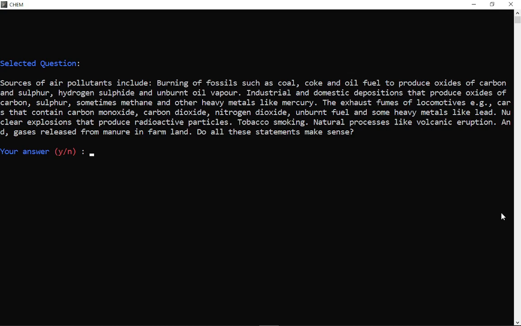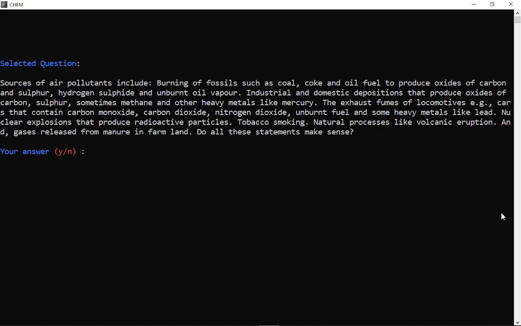Industrial and domestic depositions that produce oxides of carbon, sulfur, sometimes methane and other heavy metals like mercury. That makes sense. The exhaust fumes of locomotives, e.g. cars, that contain carbon monoxide, carbon dioxide, nitrogen dioxide, and burnt fuel, and some heavy metals like lead. That makes sense. Nuclear explosions that produce radioactive particles. That makes sense. Tobacco smoking, fantastic, it causes pollution.